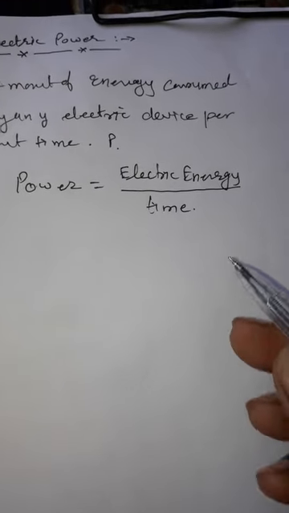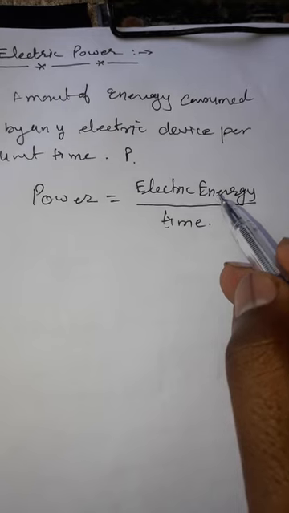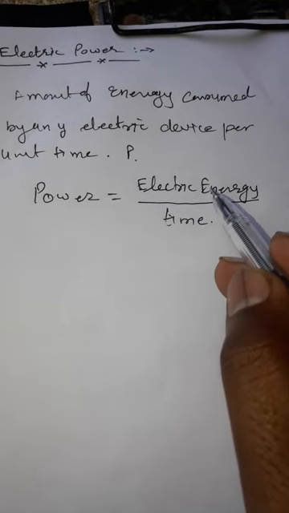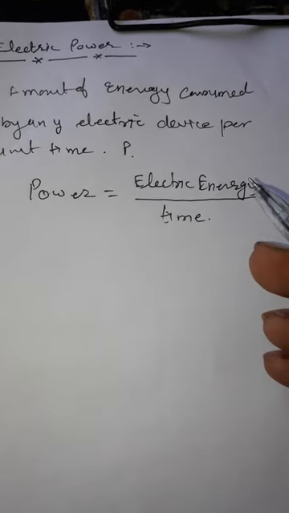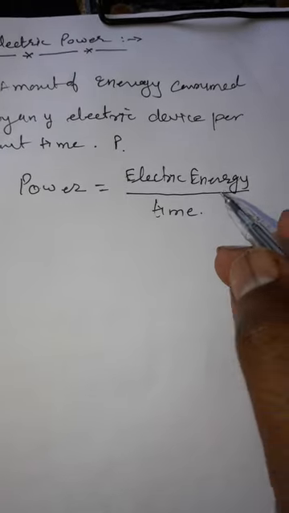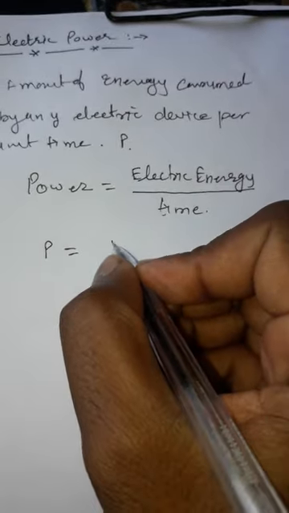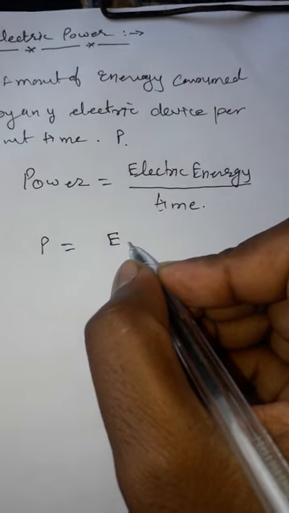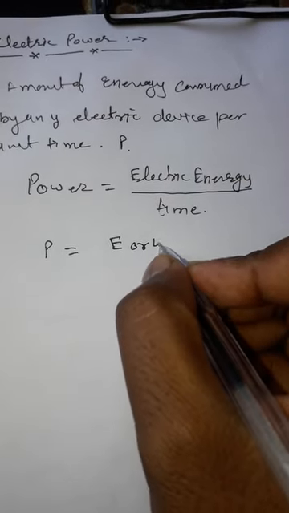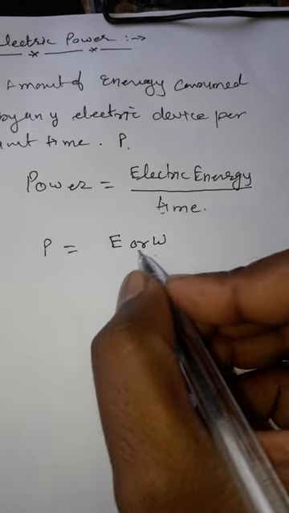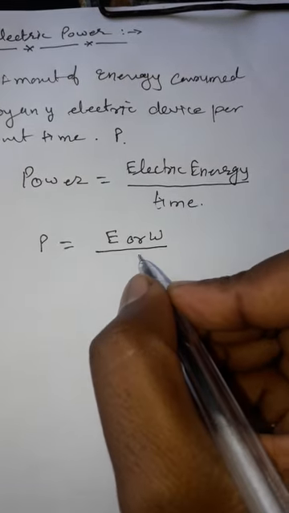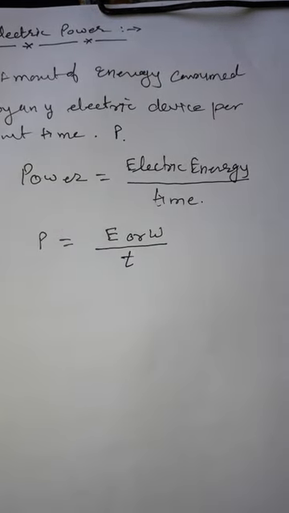As the energy consumed by any electric device is converted into the work done by the device, power P is equal to E, or we can say W, the work done by the electrical device per unit time T.